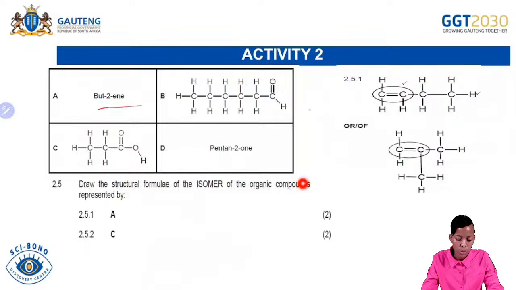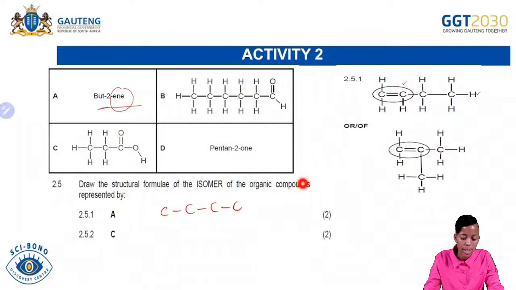Okay, so but-2-ene, you will need a structure of the but-2-ene, and then from the structure we can see that the homologous series is alkene, but, 4 carbons in total, right?